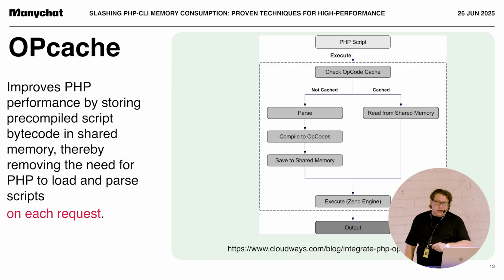And we use opcache for command line workers, so that we don't need to compile those files. So we still use opcache for command line, but the problem is it's not shared among command line workers.